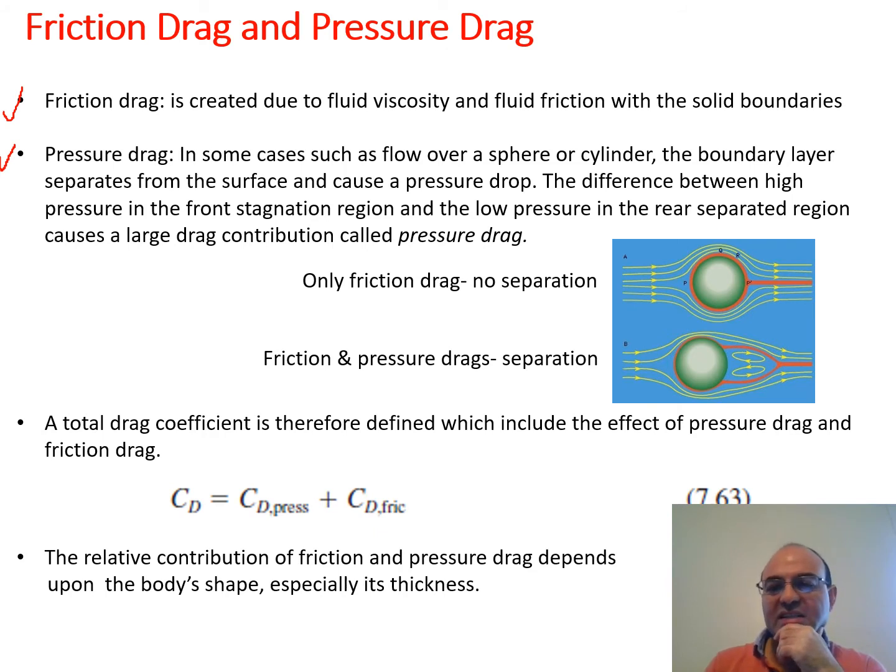So first, let's consider this hypothetical condition, based on theory, where there is no separation, or in other words, the Reynolds number is very small, or we consider a potential flow. In this case, you see that the streamlines will follow the boundaries of the object very nicely.